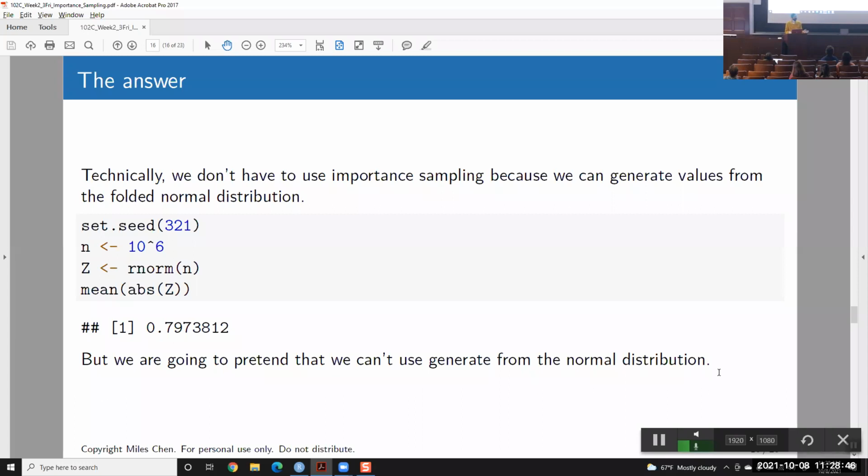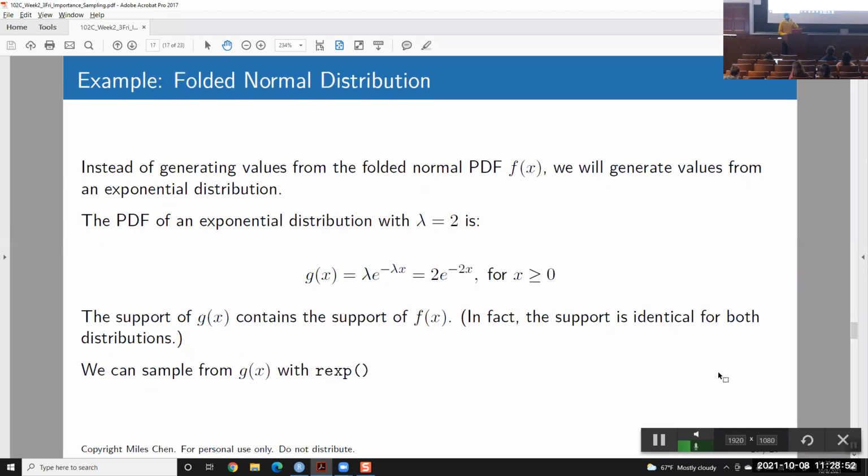Which, by the way, was not a trivial thing either, okay? We just say, hey, our computer is able to generate values from the random normal distribution, but would you be able to do it? You could kind of do it if I give you an inverse normal table, but anyway.